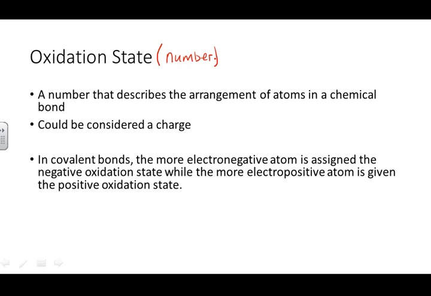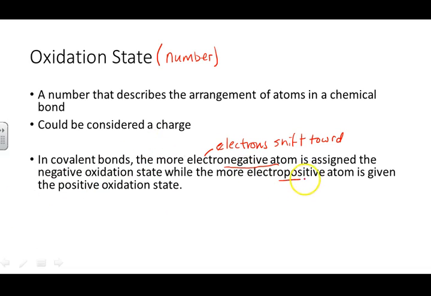In covalent bonds, we assign the more electronegative atom the negative oxidation state. So it's important to recognize your trend in electronegativities, because we have more electropositive and more electronegative atoms combined together. The atom that's more electropositive is given the positive oxidation state. And all that means is that the electrons shift toward the more electronegative atom and away from the more electropositive atom.